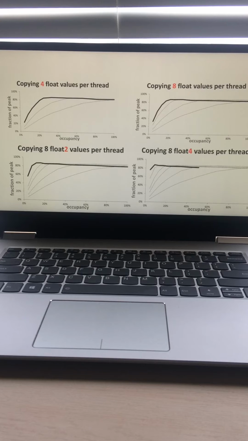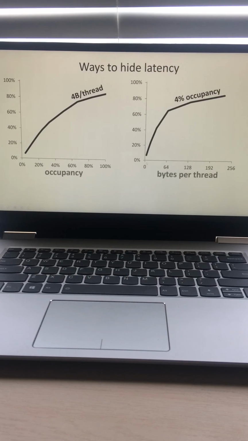Copying 2 float2 values per thread, we are achieving it with somewhere around 16% occupancy. Copying 8 float2 values per thread, we are achieving the same at around 8% occupancy. And if we copy 14 float4 values per thread, we achieve the same, around 84% peak, at around 4% occupancy.